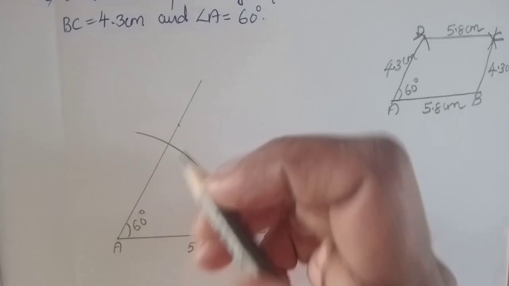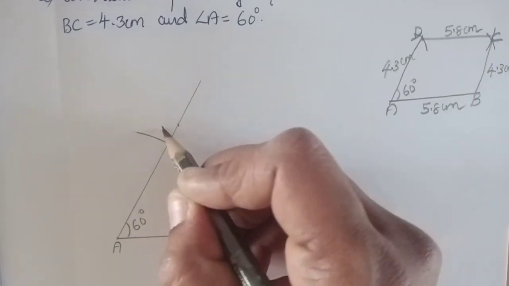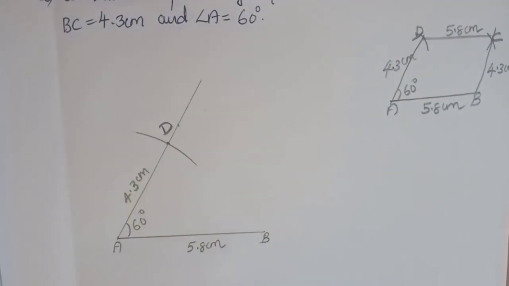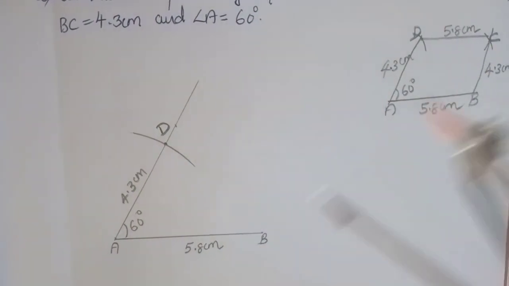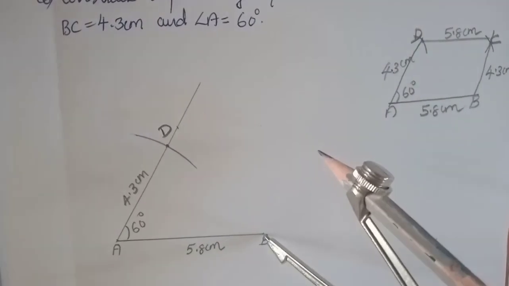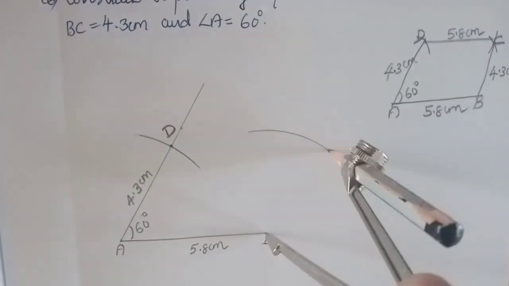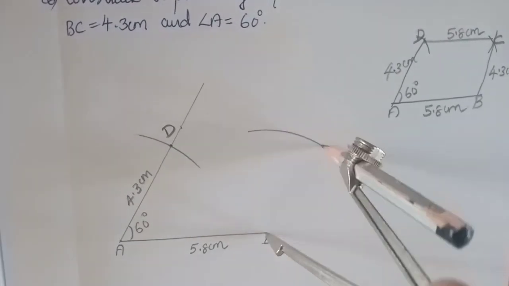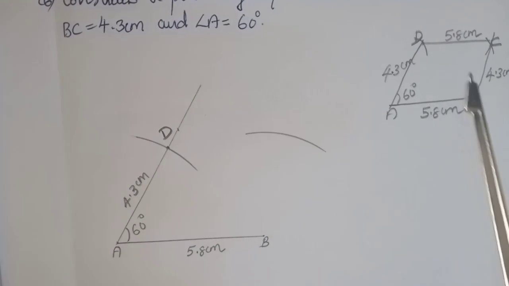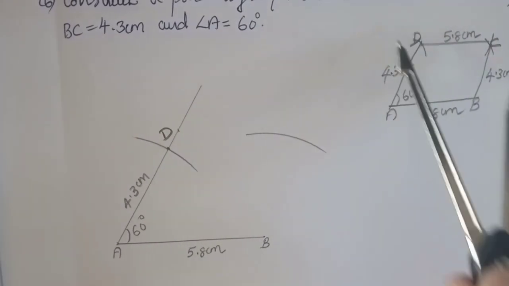Mark the point D, 4.3 centimeter. In a parallelogram, the opposite sides are parallel and equal. So, using the same radius with B as center, draw one arc. Here, AB is 5.8 centimeter. So, AB and CD are opposite sides, they are equal.